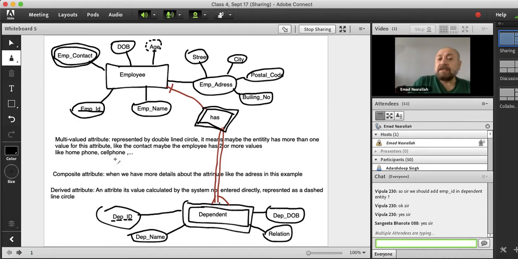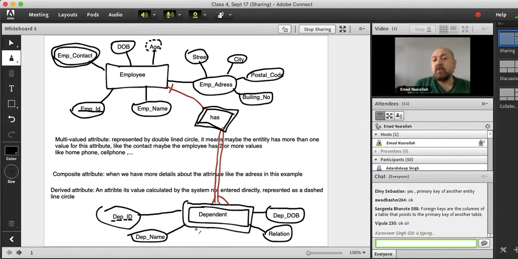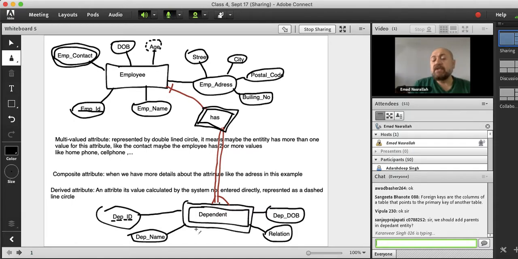The employee ID, if I add it here, will be a foreign key. Foreign keys must not be added in the ER. We will add the foreign key later, not in the ER.